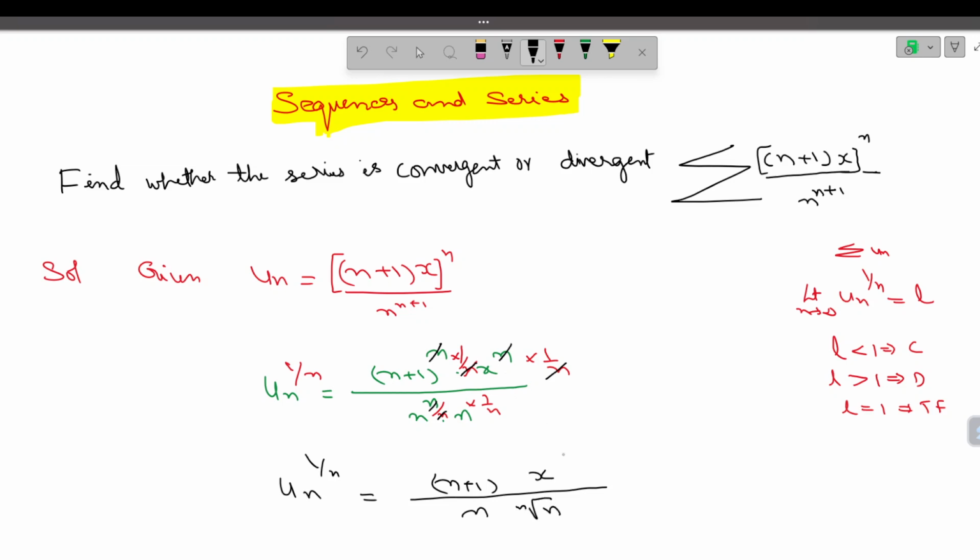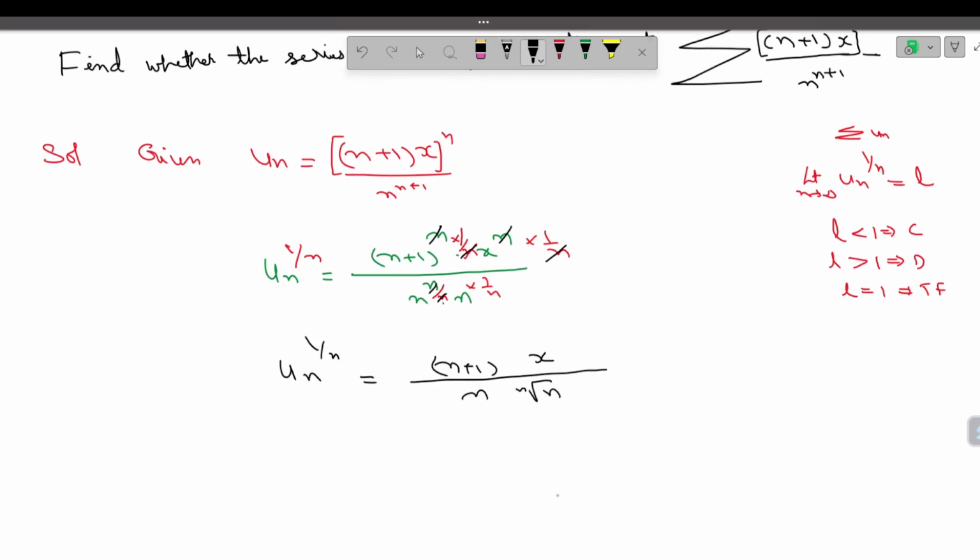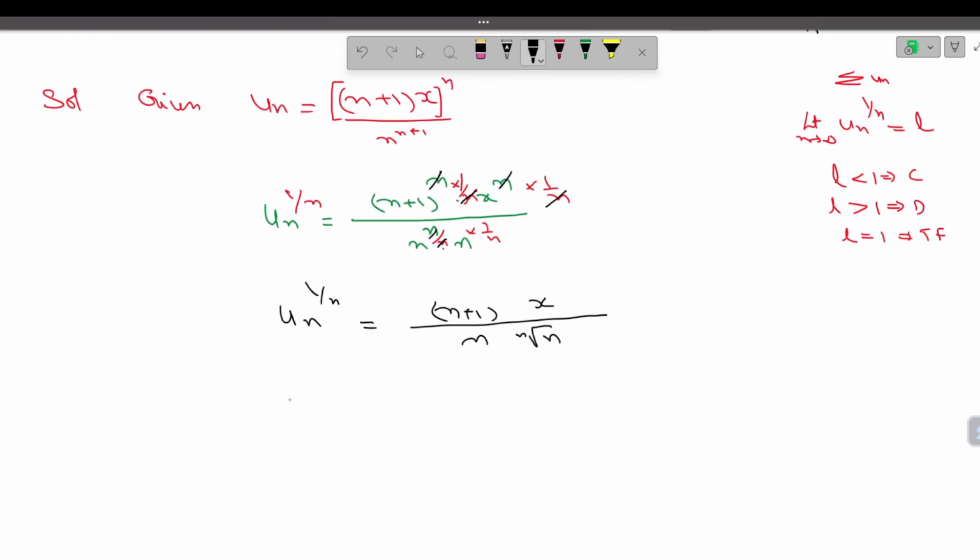So un whole to the power of 1 by n equals n plus 1, over the nth root of n, into x. Now taking n common, this is 1 plus 1 by n into x, over the nth root of n.